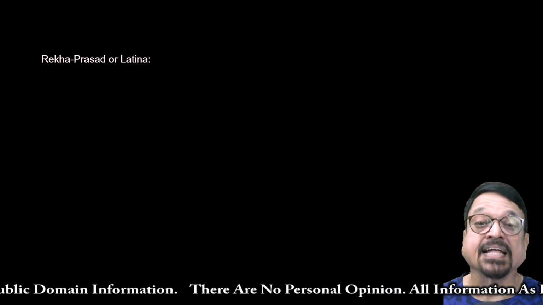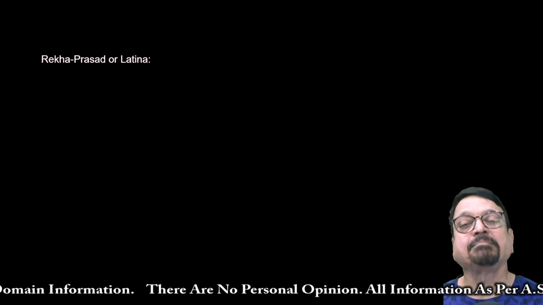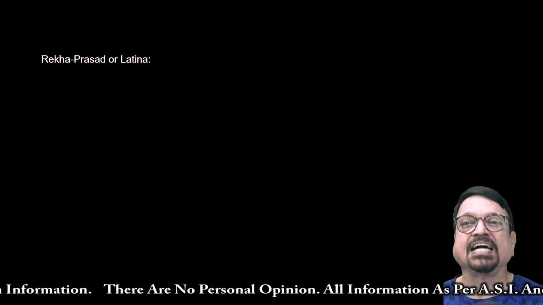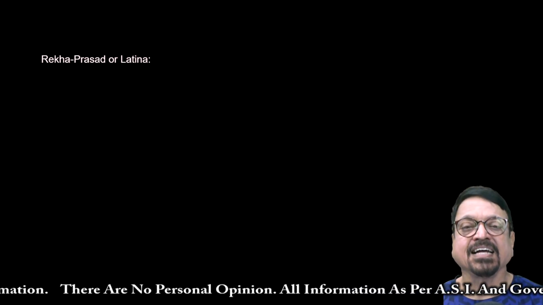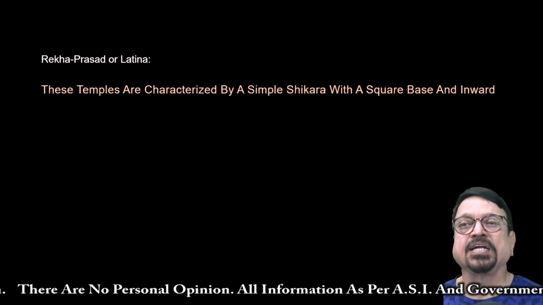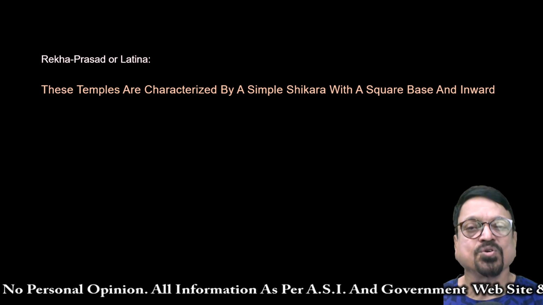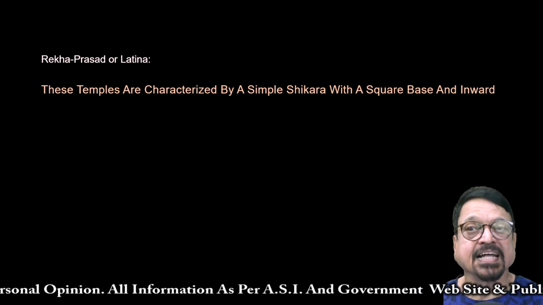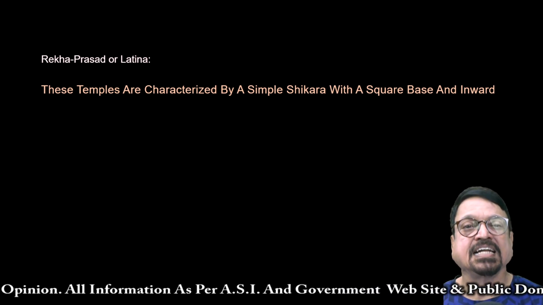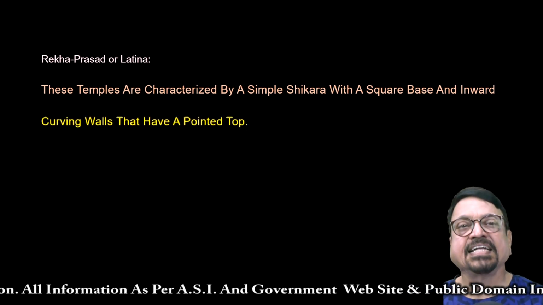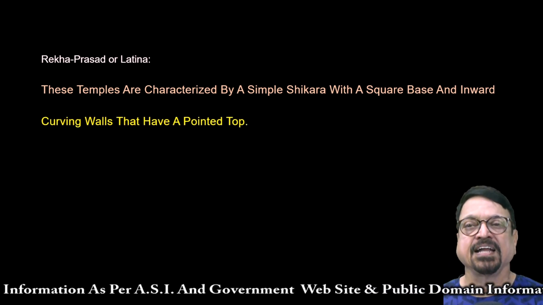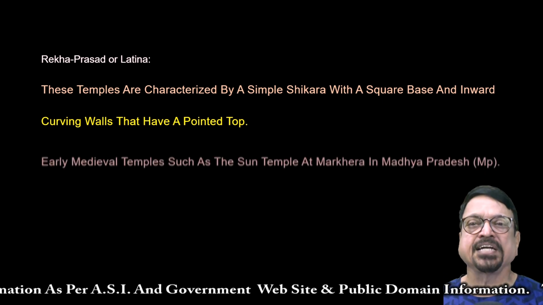Now let's come to another variety, which is called Rekha Prasada or Latina. Latina is a shikhara shape. These temples are characterized by simple shikharas. So we are now in the topic Rekha Prasada or Latina. It has got a square base, then curving walls that have a pointed top.